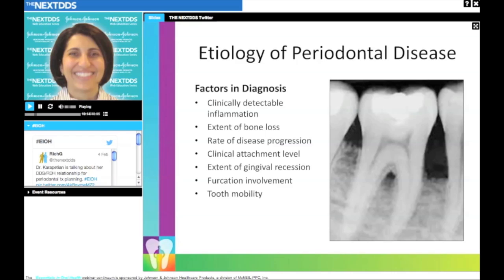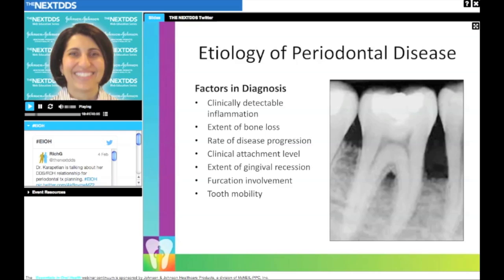And a full mouth series of x-rays with periapicals and bite wings are very important to us, because we can see the relationship of the tooth to the alveolar bone, and we can also determine the crown-root ratio, and this helps us in the prognostication phase of the examination.